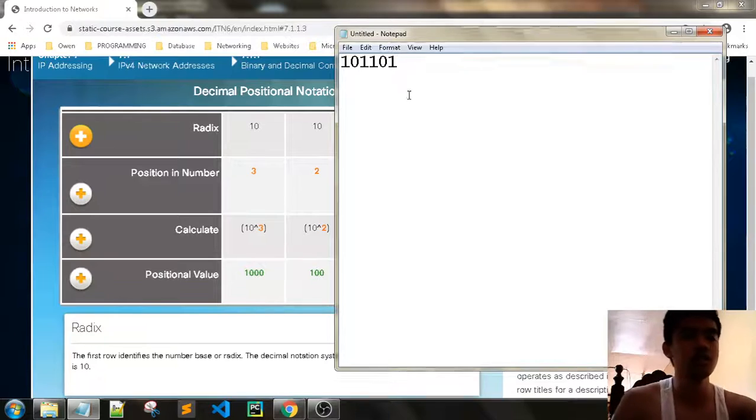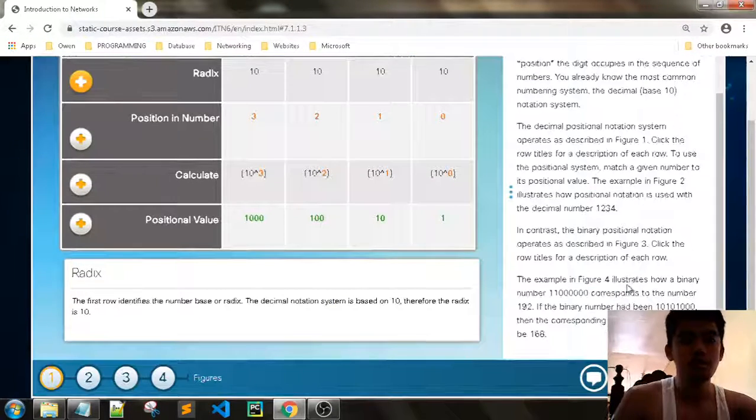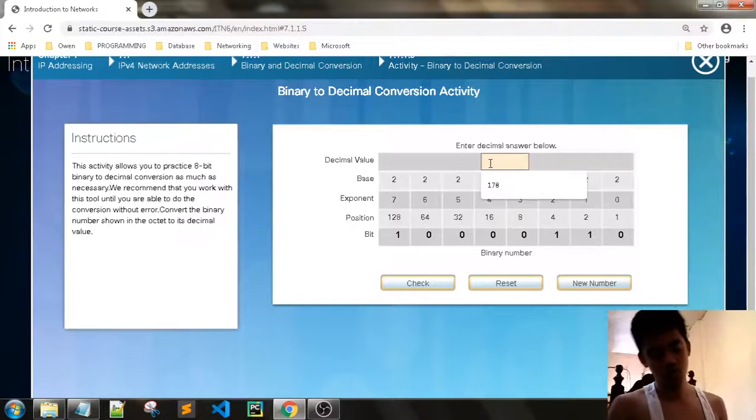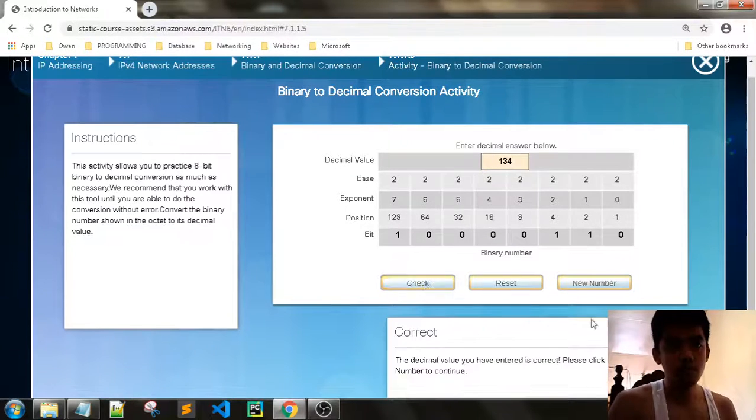For another bit pattern, we just add the positional values: 2, 4, 6 plus 128 is 134.